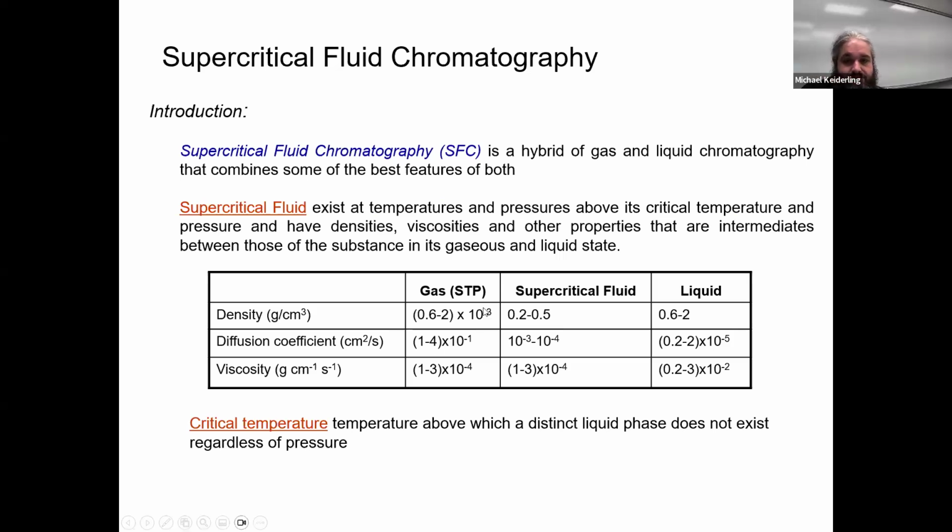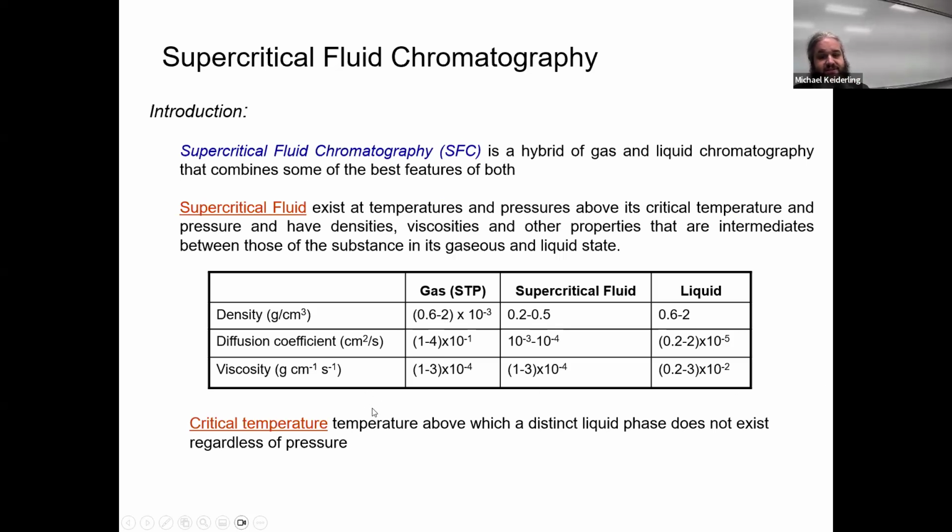For example, for gases, the densities are between about 0.6 and 2 times 10 to the minus third. For liquids, they're between 0.6 and 2, and the supercritical fluids are in between, around 0.2 to 0.5. Diffusion coefficients are in between, viscosities are in between.